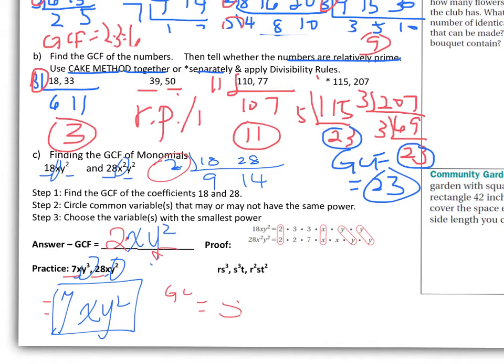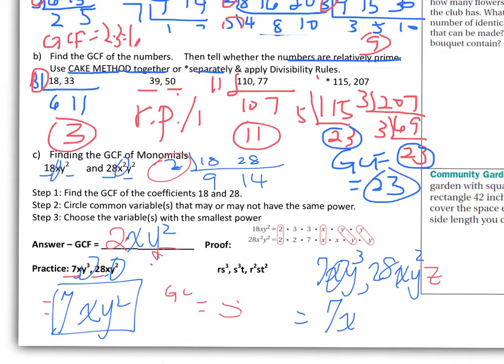If I gave you the problem 7xy cubed, 28xy squared, and I'm going to add a z here. Okay, let's say. Then our greatest common factor will still be 7x.